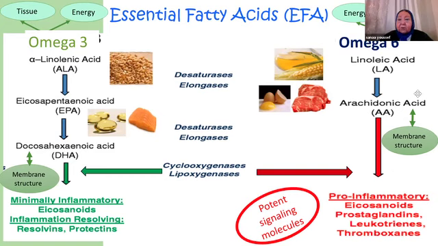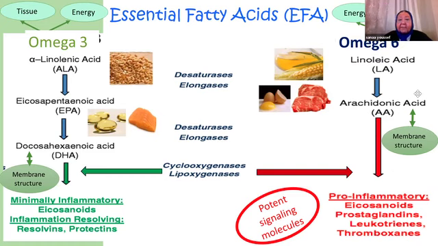Omega-6 is also responsible for energy and tissue health. It is known as linoleic acid, LA, and it is usually metabolized into arachidonic acid, known as AA or ARA, through cyclooxygenase or lipoxygenase. If we reach this step, then we have the pro-inflammatory products such as prostaglandins, leukotrienes, and thromboxanes.